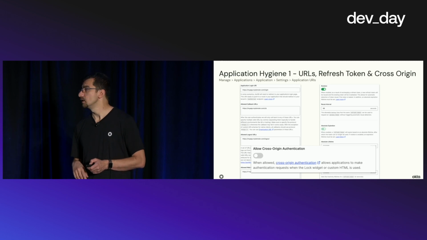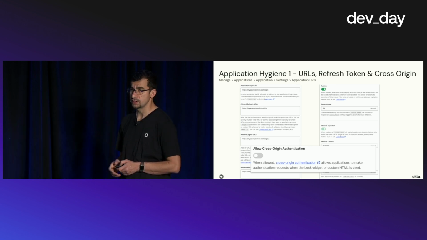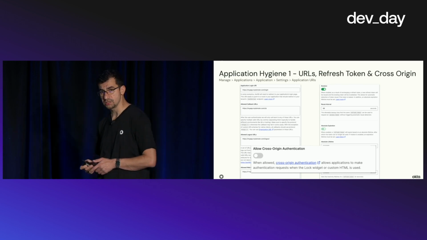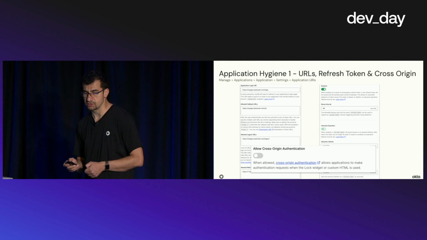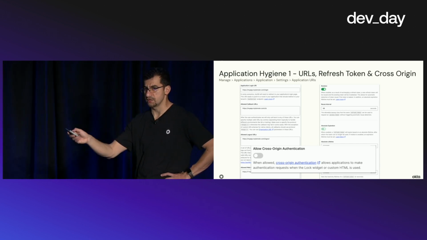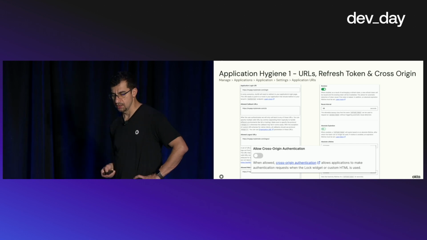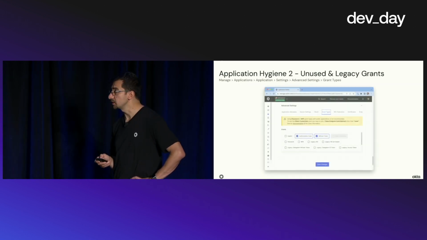One flag that we shipped recently, most customers are not aware, is that you can now disable cross-origin authentication, which should be the case for the majority of customers. So disable cross-origin authentication, you probably don't need that, and it just simplifies another attack vector and removes it from the equation.